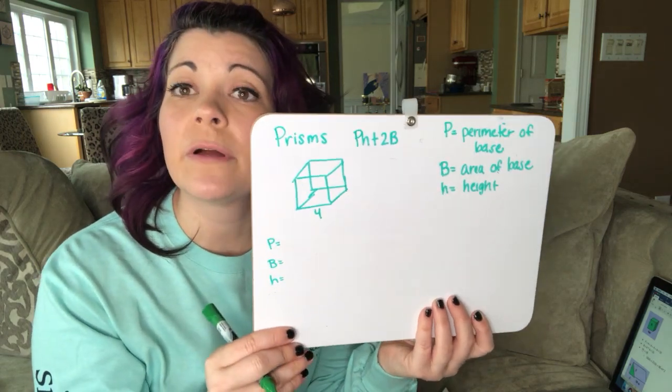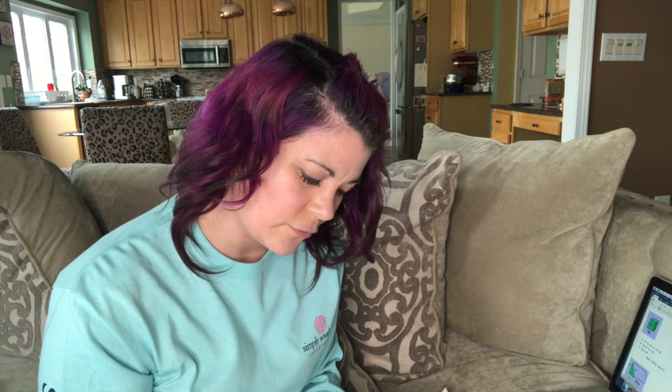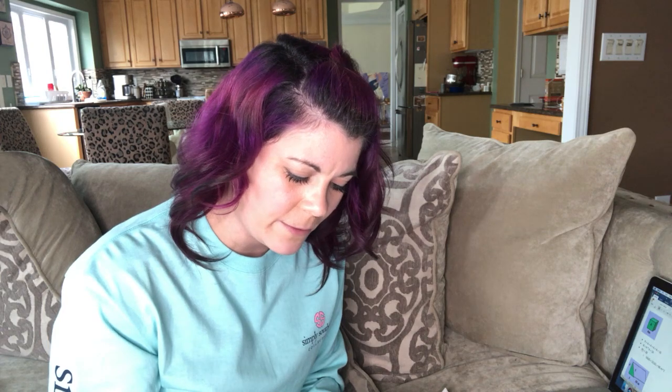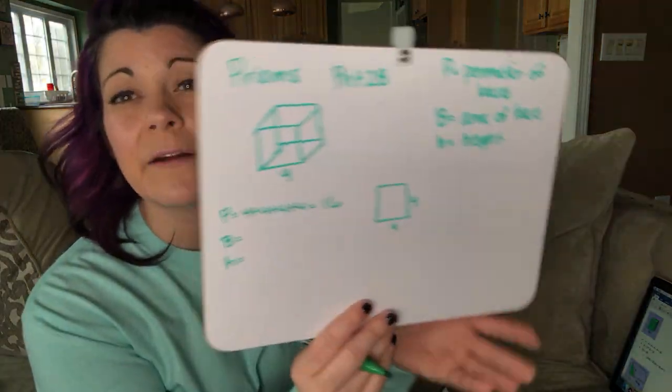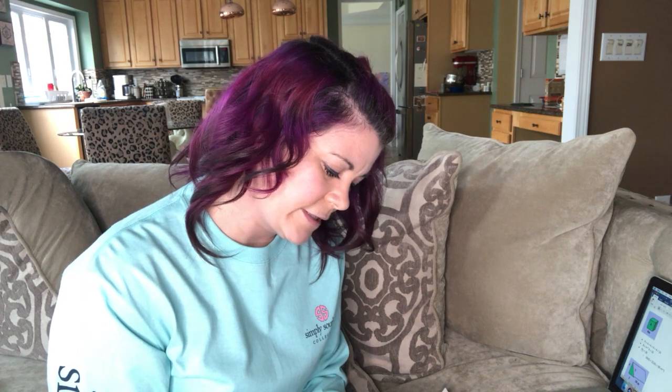So P is perimeter of the base. So again, if I want to draw it, I can. We have a square and it's 4 all the way around. So perimeter, if it's 4 all the way around, that's just 4 plus 4 plus 4 plus 4. We just add the distance all the way around, which would give me 16. And the area of a square is just length times width, 4 times 4, which is 16 as well.